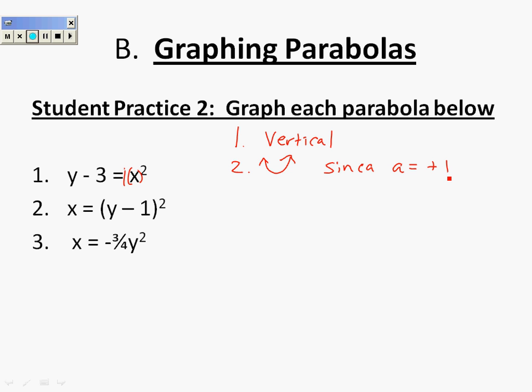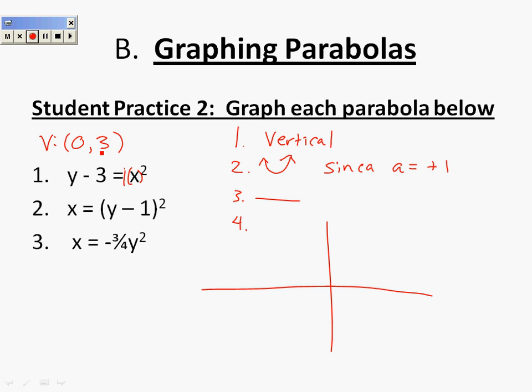Okay? Now, I told you we're not going to worry about the wideness of this graph, so we're just going to ignore that for now. We'll move on to step 4, which is just to go ahead and graph it. Now, this is the actual answer. So, first of all, we need to find our vertex. What number is being subtracted from the x? 0. There's nothing being subtracted from the x, so that would be 0. And what number is being subtracted from the y? 3.